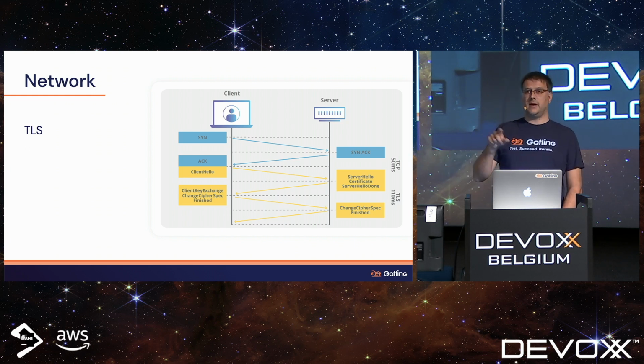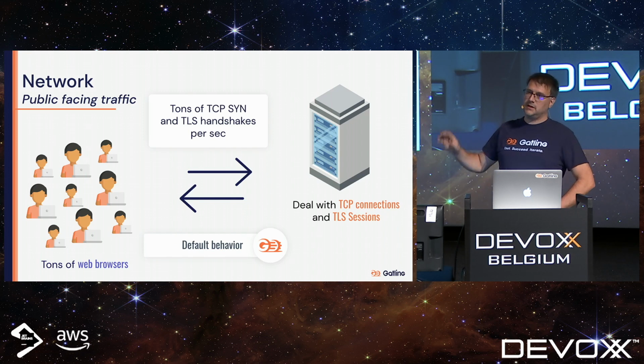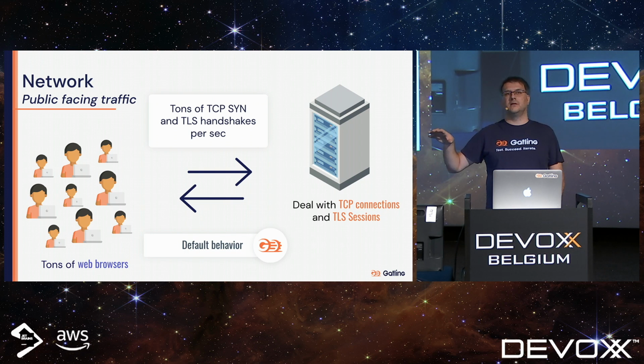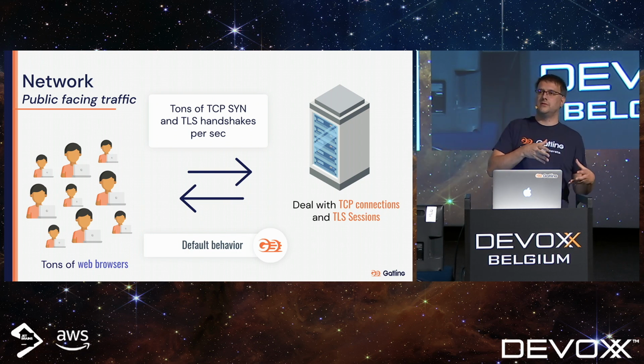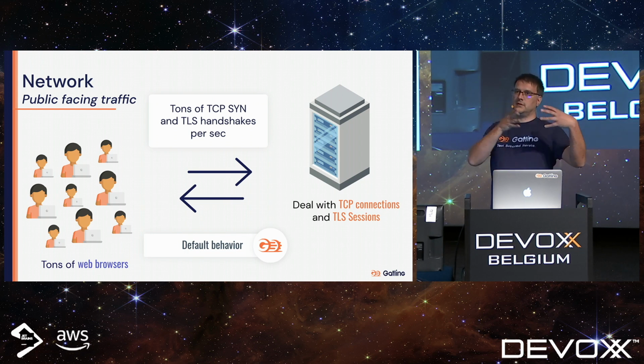So you need to figure out in your test what the actual user agents are, so that you can figure out the connection usage of those user agents. Typically, if your test is about simulating public-facing traffic, you want to test your whole application and really have the end-to-end performance from the real users, the real user agents. There's a good chance in this test that you want to simulate tons of web browsers.